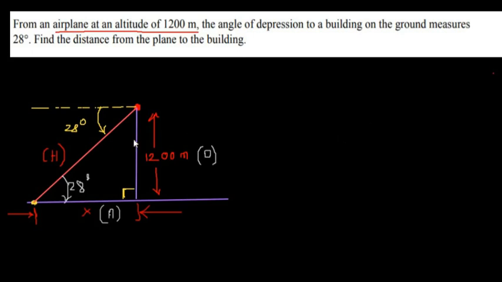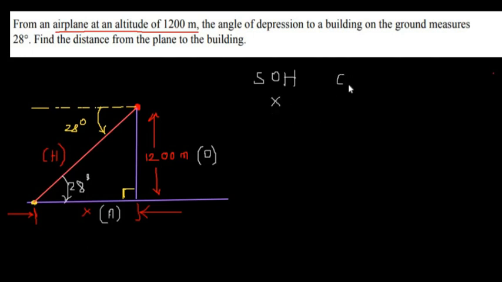Now let us see whether we can use SOH, CAH or TOA. So let us start with the first one, which is SOH. If we are using SOH, we can take sine of 28. We have the opposite, but we do not have the hypotenuse with us, so we cannot use SOH.